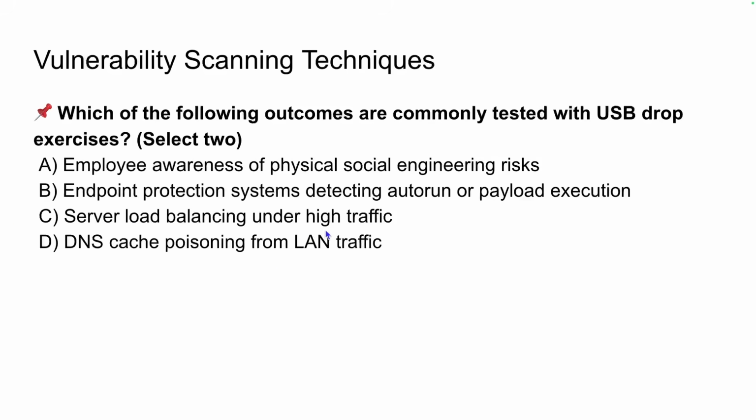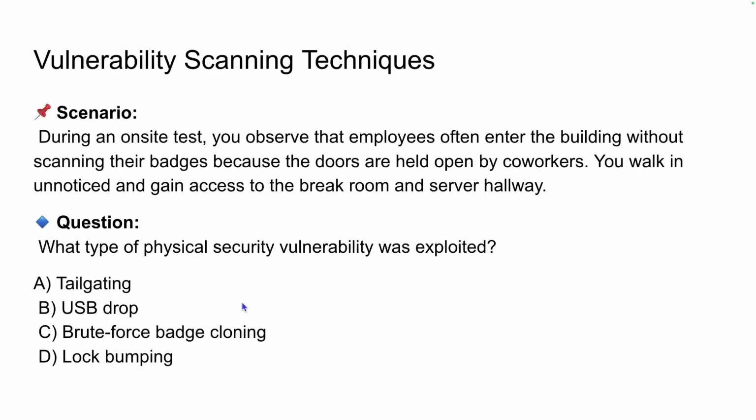Server load balancing under high traffic has more to do with system administration than security even. DNS cache poisoning is a security thing, but it's logical. And employee awareness and endpoint protection detecting auto run or payload execution, those would be the answers, yeah, cool.